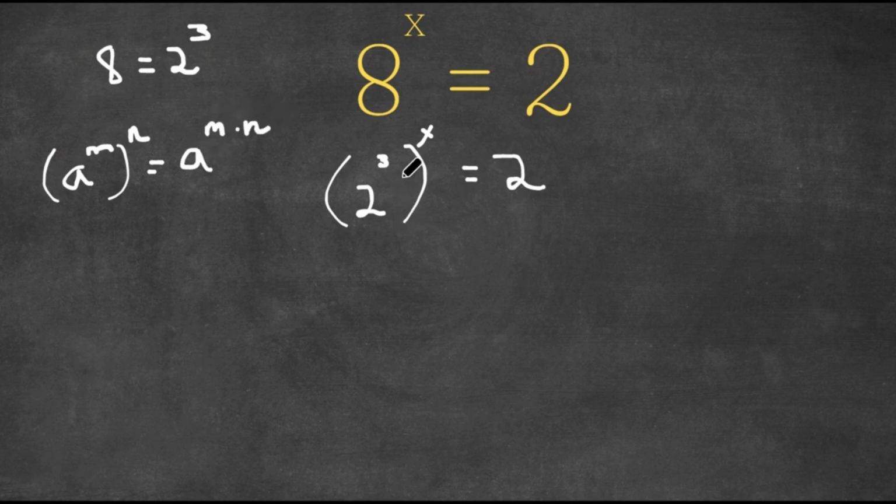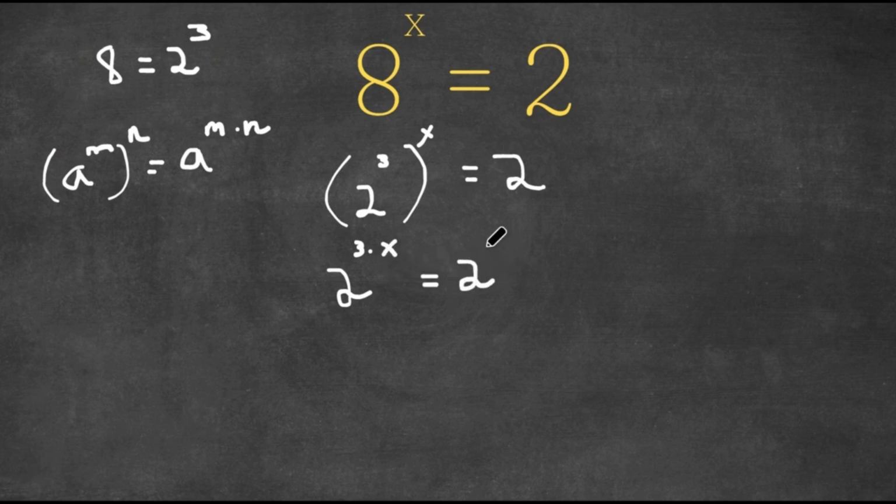So 2 to the power of 3 to the power of x, we would just multiply these two exponents because 3 in this case is m and x is n. So this would be 2 to the power of 3 times x. And this equals 2.